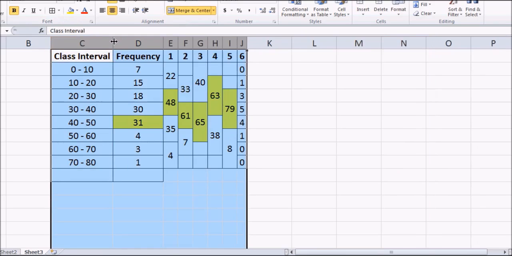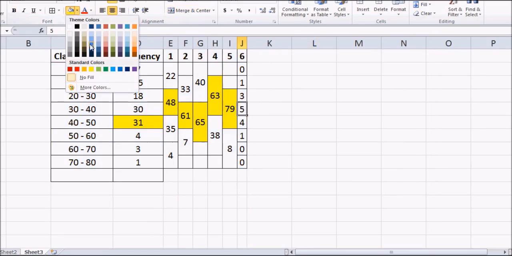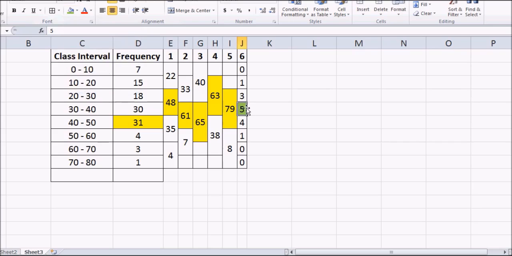Let's see if we are getting it or not. So here 5 happens to be the maximum, and the modal class is from 30 to 40. Let me write all of that. Lower value of the modal class is 30.